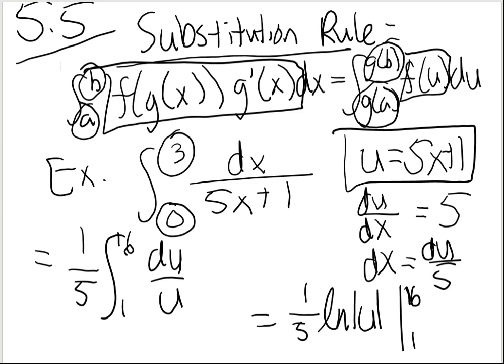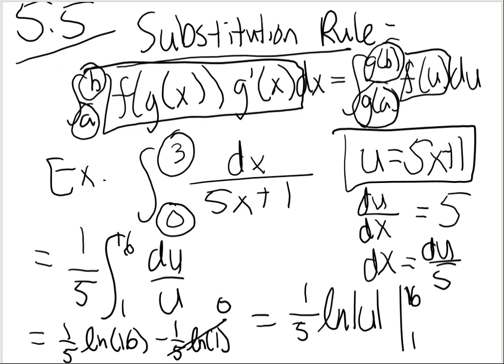And what do we get once we plug in? Well, this is going to be 1/5 natural log of 16 minus 1/5 natural log of 1, which is 0. So it's 1/5 natural log of 16, which is a number.